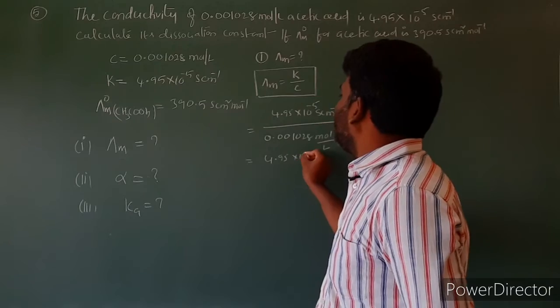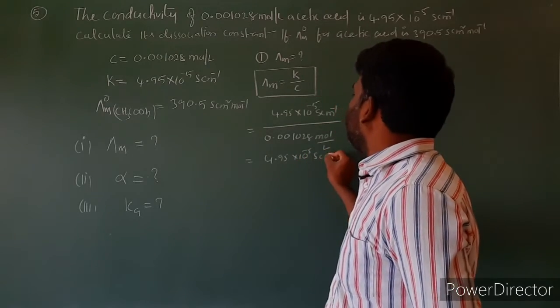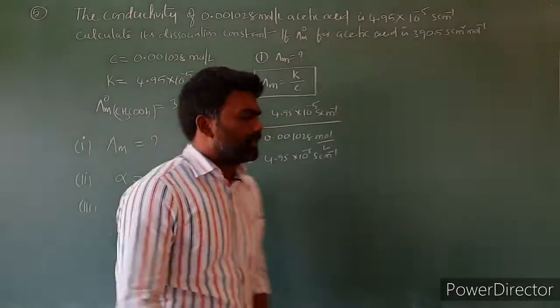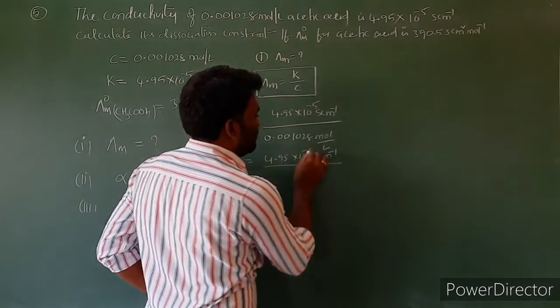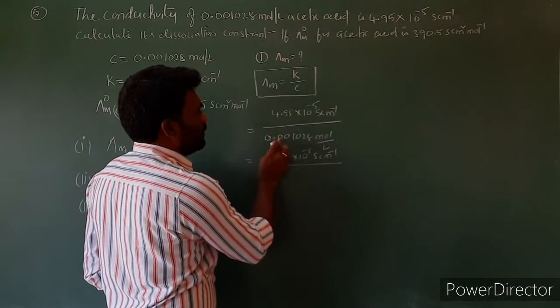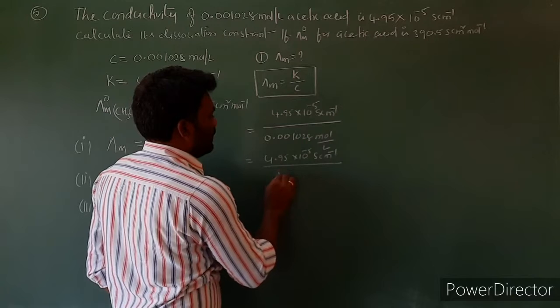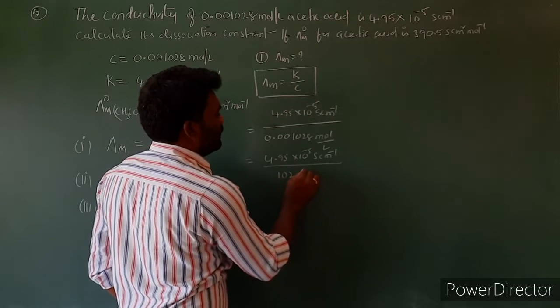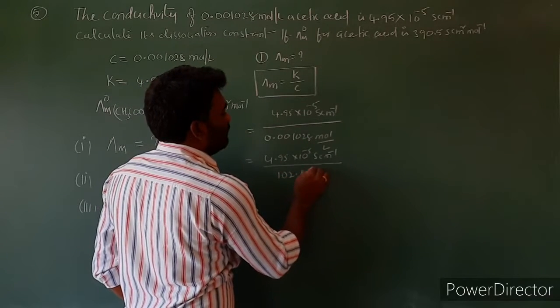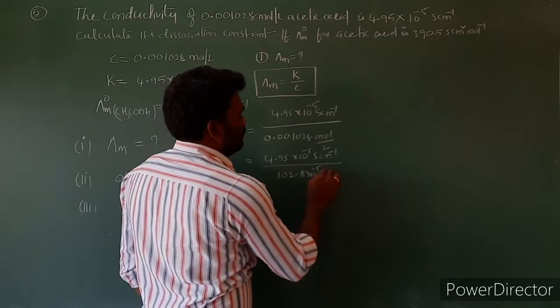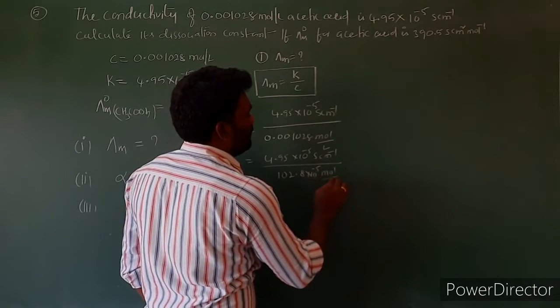That is equal to 4.95 into 10 power minus 5 Siemens centimeter inverse by 0.001028. Here, the decimal point I'm moving till 1, 2, 3, 4, 5, we get 102.8 into 10 power minus 5 mole per liter.